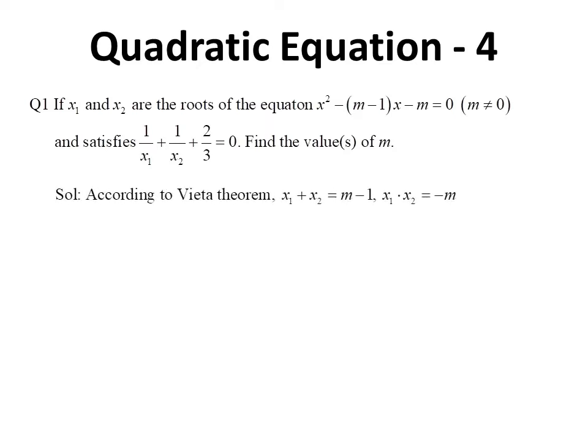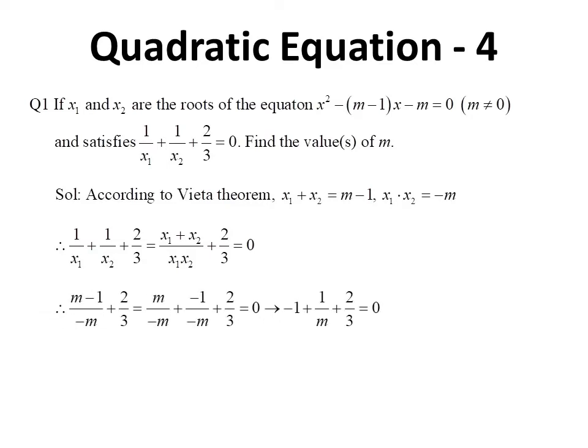According to the Vieta theorem, we have x1 plus x2 equals m minus 1, and x1 times x2 equals negative m. We start to manipulate the auxiliary equation, and then it becomes the sum of x1 and x2 over x1 x2 plus 2/3 equals 0.